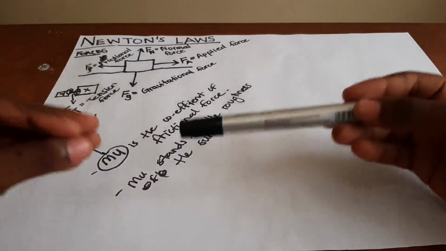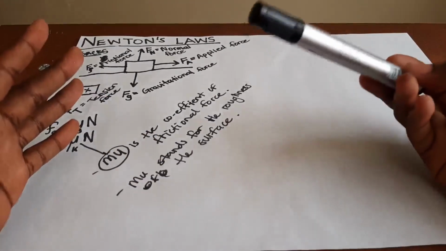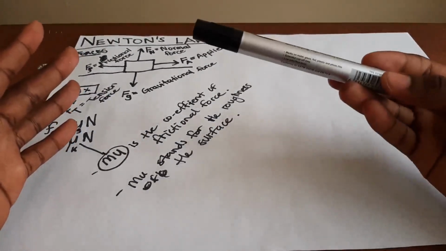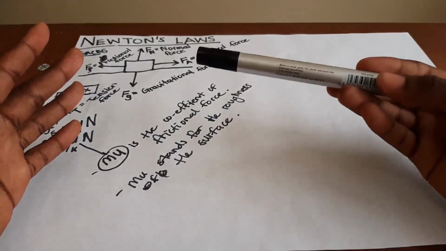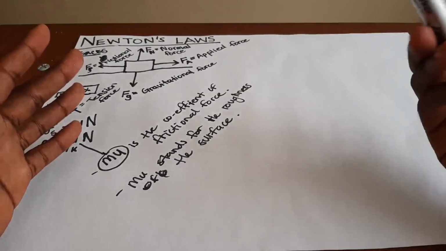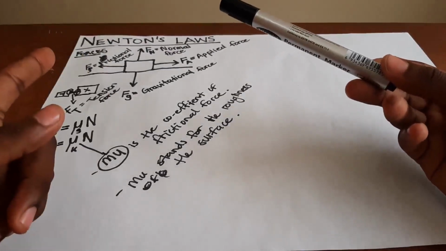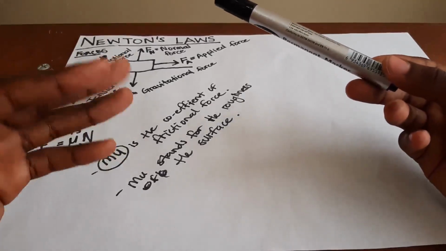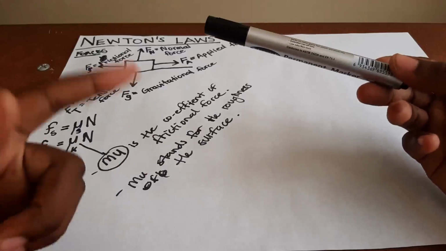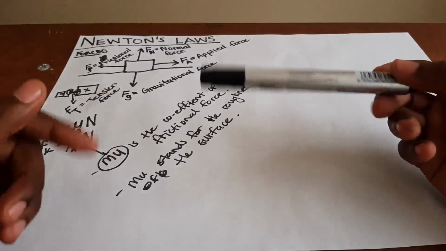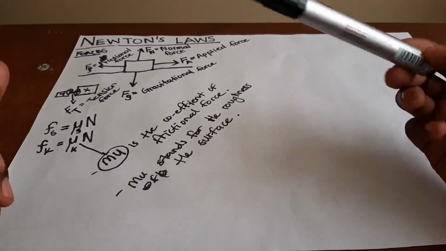So the higher the roughness of the surface, the more friction there is against the object, meaning there must be a higher applied force to move the object. The smoother the surface, the lower the applied force needed to move the object. I think you get me.